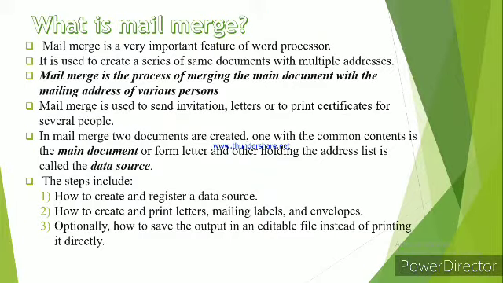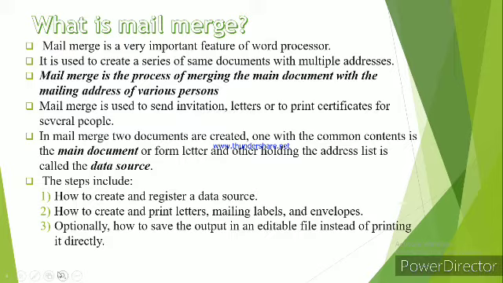Okay, so basically what is mail merge? Mail merge is a very important feature of word processor. It is used to create multiple copies of same document and send it to different addresses. Okay, you will create a same document, but you can change the addresses of that document.